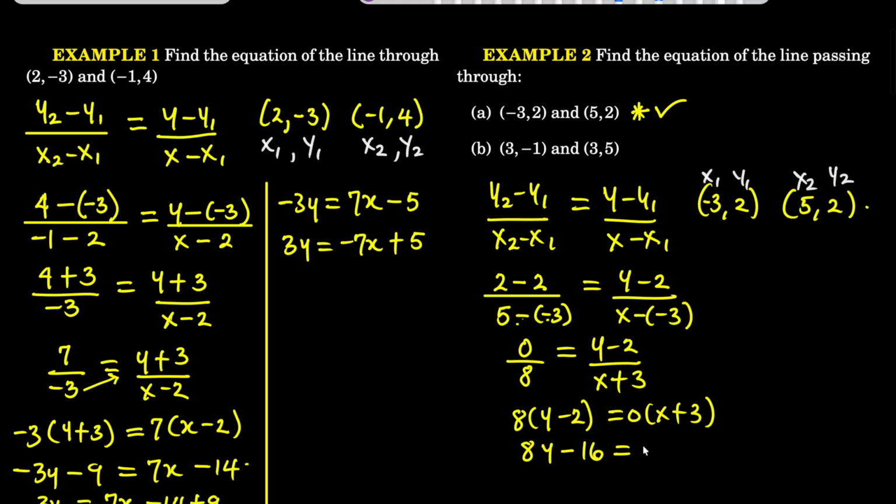Everything here goes to 0. Now 8y equals 16. Divide both sides by 8. y is equal to 16 over 8, which is equal to 2. So the equation of the line passing through these points is y is equal to 2.